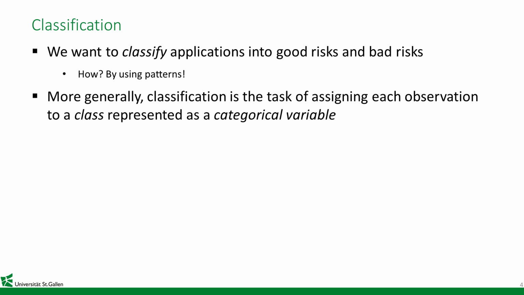This could give us an indication that if a loan applicant has a low income, his default risk for the future might be higher. Generally speaking, a classification is simply assigning a loan applicant into two categories: he's probably going to default, or he's probably not going to default.